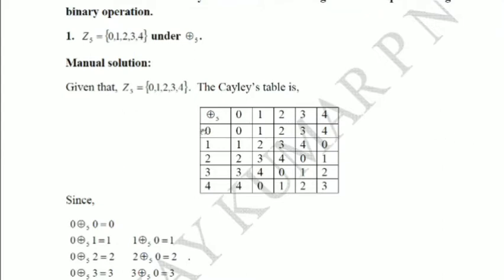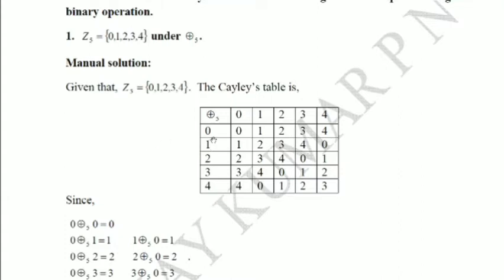So if you want to say 0 is the identity element, you should note that I plus J should be equal to J. 0 plus 0 is 0. 0 plus 1 is 1, but 1 is your J. 0 plus 2 is 2, which is J. 0 plus 3 is 3, which is J. 0 plus 4 is 4, which is J.